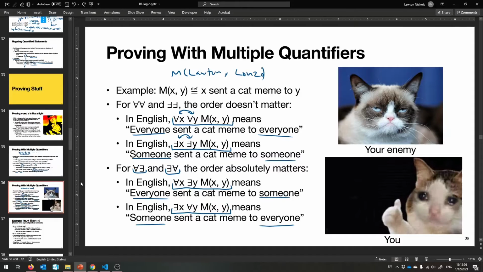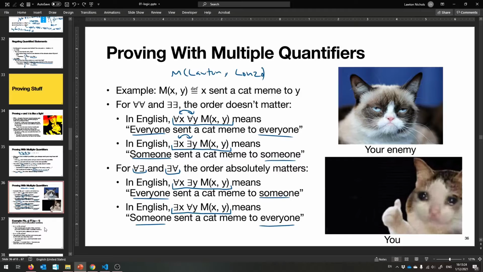You have less choice in the matter than this statement, because you can pick a different Y for each X because of the order in which these things occur. That is the key difference. You always go from left to right in terms of quantifiers, and when they are different kinds, it can be easier or harder to prove something. I think that this one is probably easier to prove than this one, given the set of people.